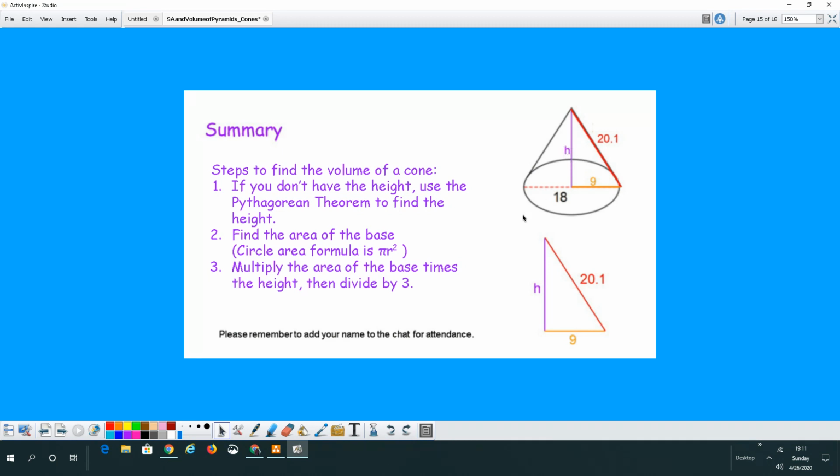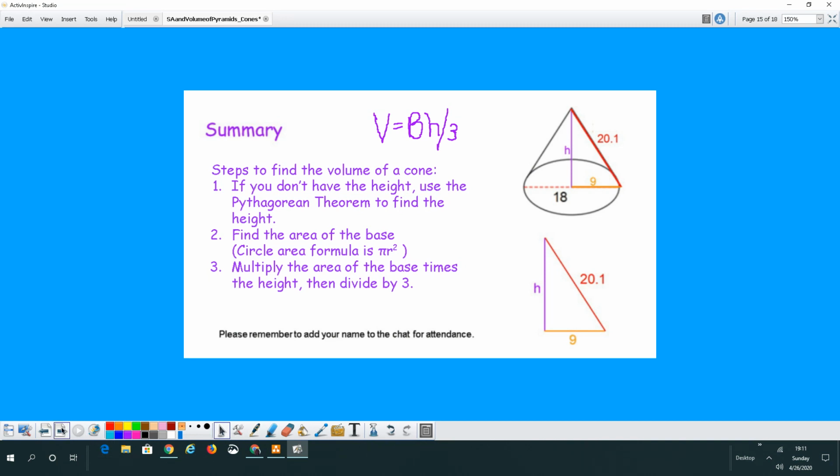Once we know the height, it's the same thing as a pyramid or any other figure in this shape. Our volume is found by finding the area of the base times the height. But because this thing is 1/3 of a cylinder, we have to divide it by 3. Okay, and that's it.